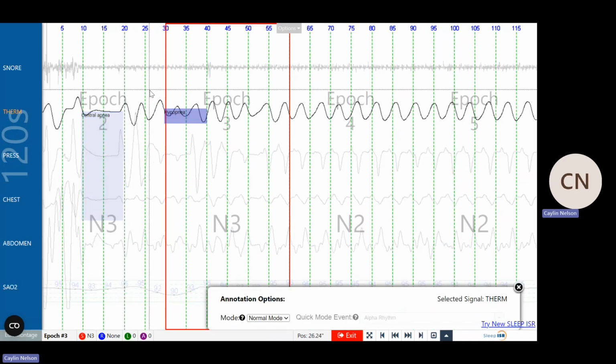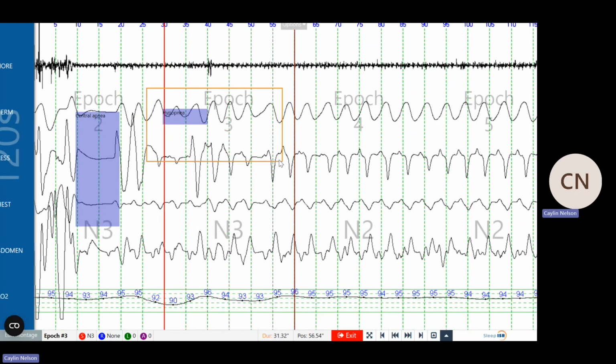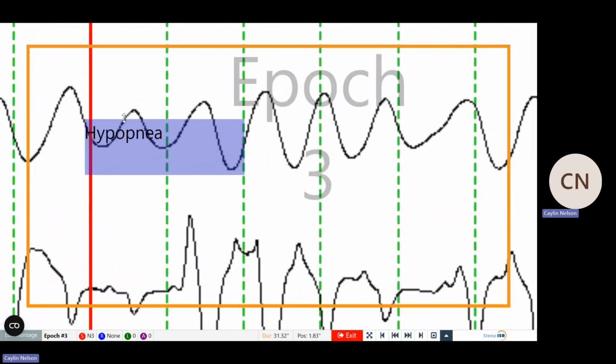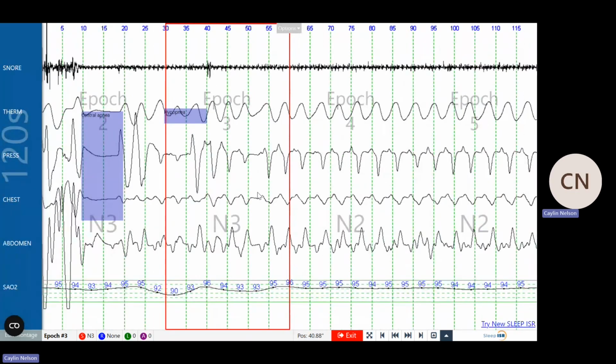So you can see the change in the airflow height. You can see the difference between both of those airflow channels where it decreased, and we're going from the bottom of the start of that first breath to the start of the last breath where it originally changes.